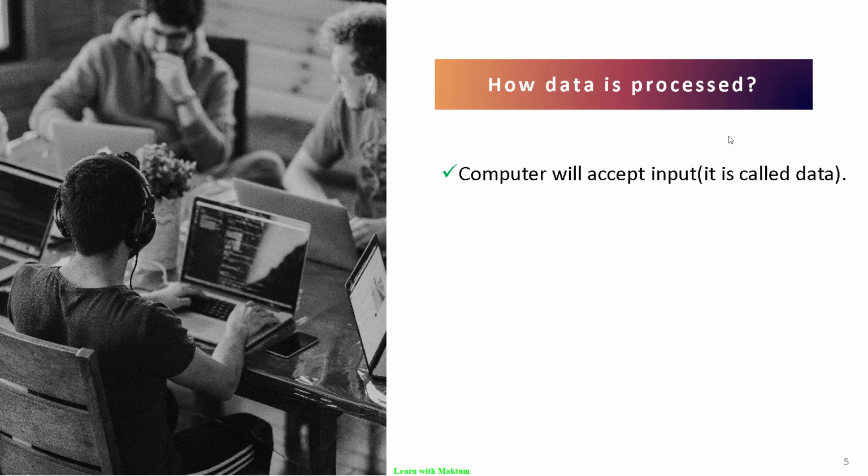Then what does it understand? It knows only 0 and 1. These are called binary digits. So the computer understands only zeros and ones, which means whatever data we give will be translated. So the next step is that the input will be translated into binary numbers.